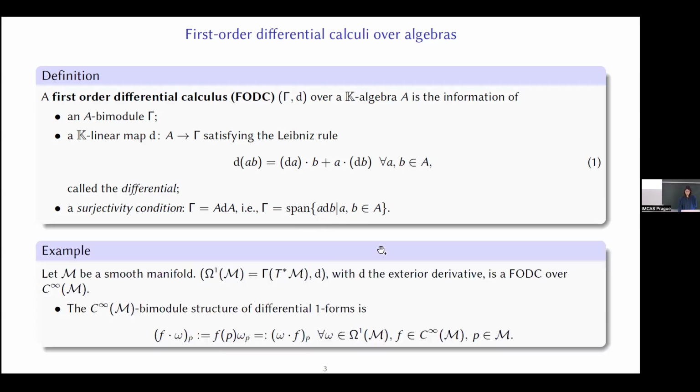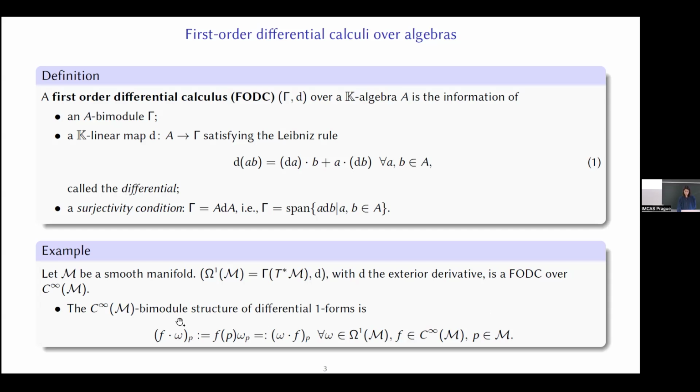For example, we can think about differential geometry as some motivation for this definition. You can take M a smooth manifold, and consider the algebra of smooth functions on it, C∞(M). Then the space of differential one-forms, which is the space of sections of the cotangent bundle, together with the exterior derivative, is a first-order differential calculus on C∞(M).